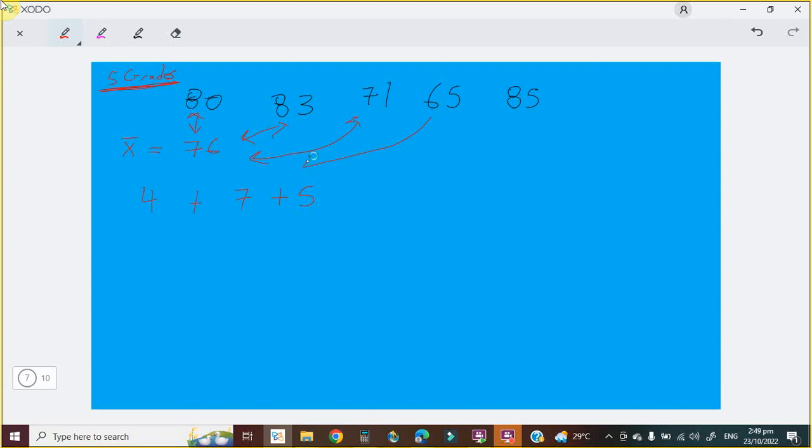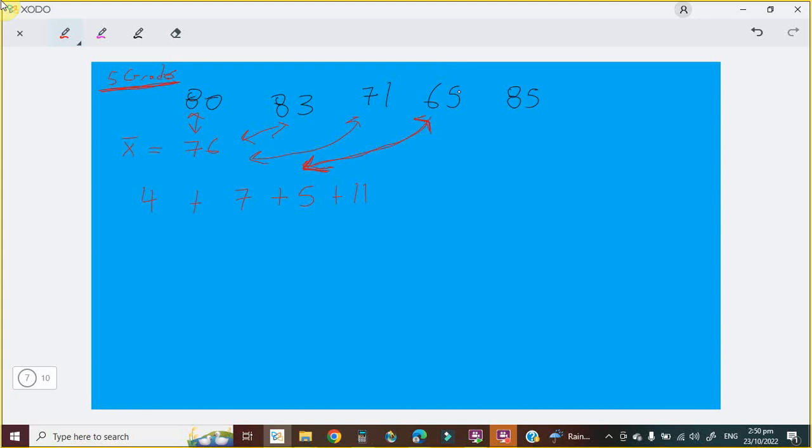And the fourth score deviates by how much? 76 to 65, what's the difference between 76 and 65? 11.